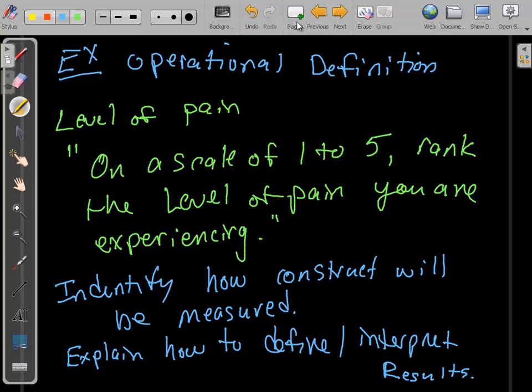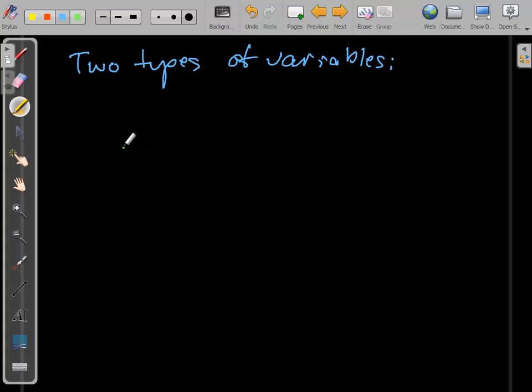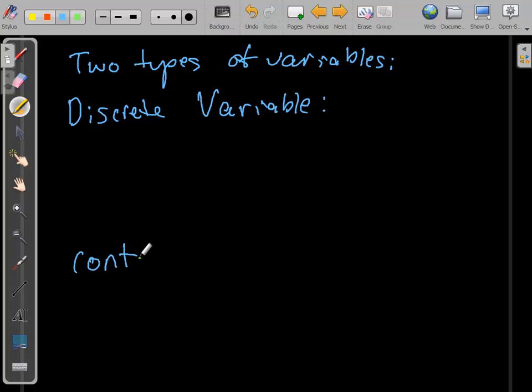so in the world of variables, there are two types of variables. Okay, we have what's known as a discrete variable, and we have what's called a continuous variable.